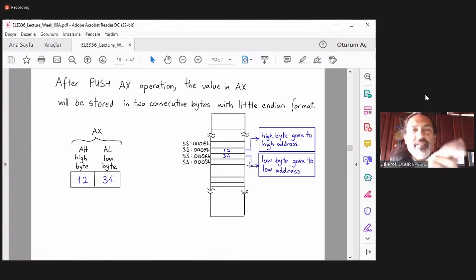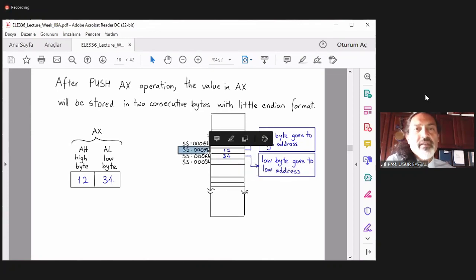So this is again, for the latecomers, an important topic about pushing the contents of 16-bit registers into the stack by using, of course, little endian format. So you see the result or outcome, and the high byte goes to the high address. The high address is one level upper compared to the low byte.